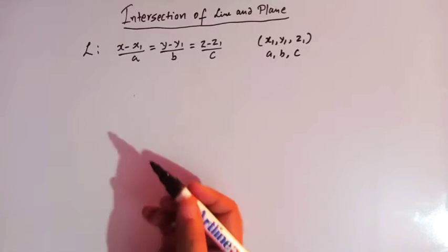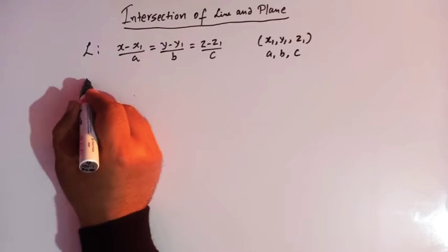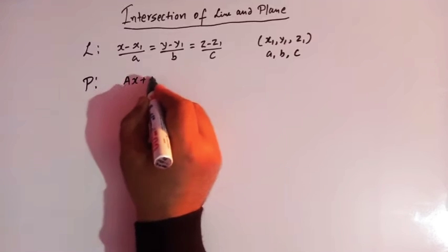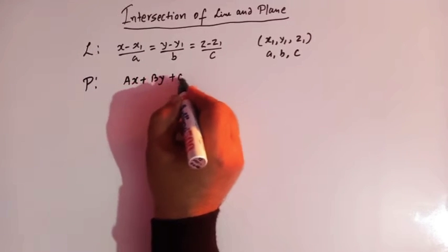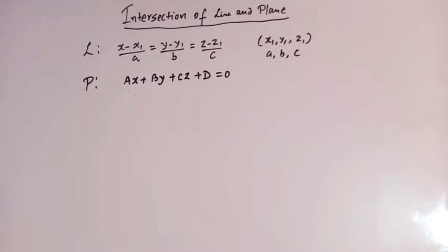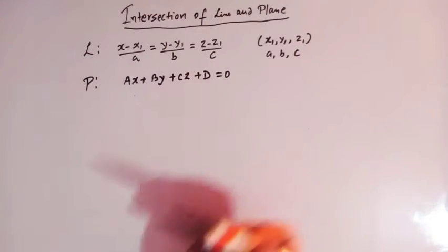And let the equation of the plane P be, say, ax plus by plus cz plus d equal to 0. Now here we have to evaluate the condition for the intersection of the line L and the plane.